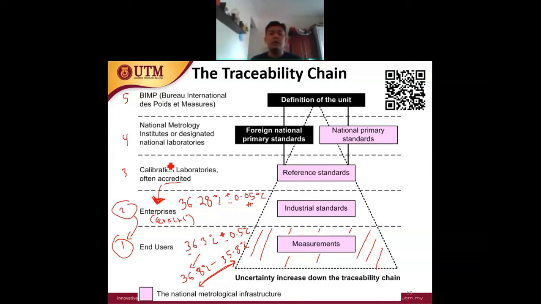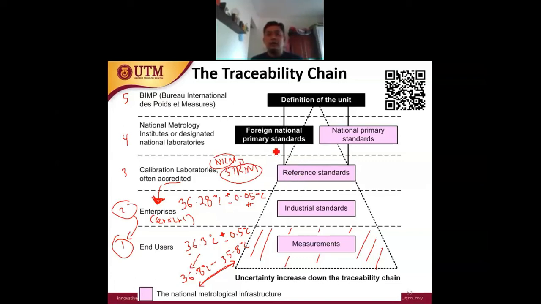And then there are calibration labs. Like in Malaysia, we have the calibration lab like SIRIM. SIRIM is basically the lab, but at the national level we have NMIM. So NMIM is basically the board that runs the administration, and SIRIM basically runs the experiments.